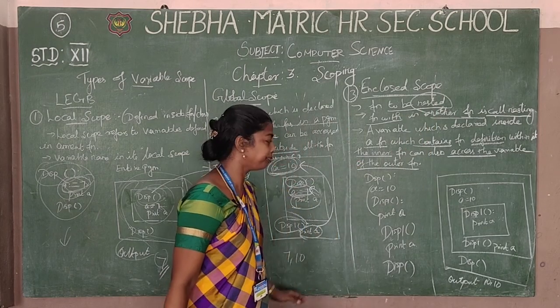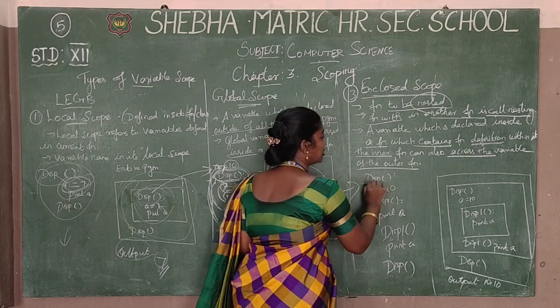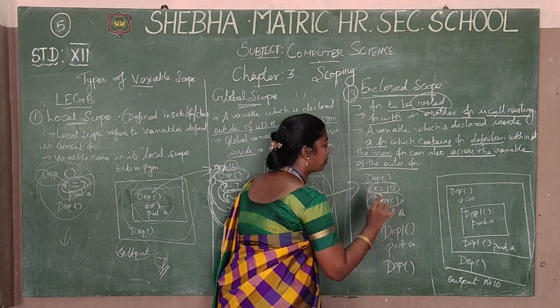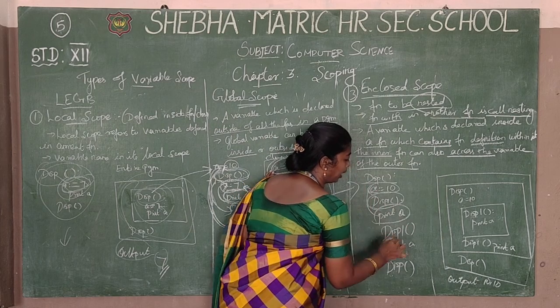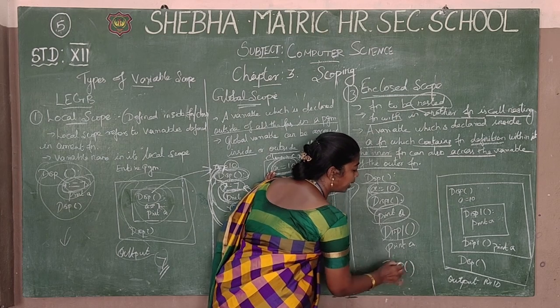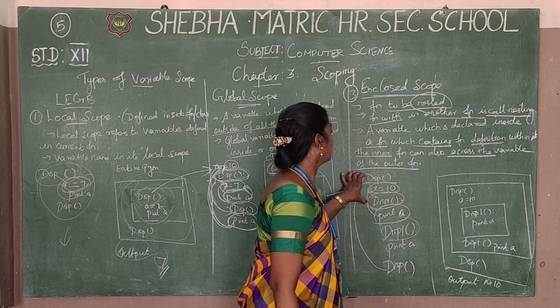Okay, clear? The same example is explained. Display, a is equal to 10, another function named display 1, print a, then call the function, then print a, then call the function. Clear? This is the coding.